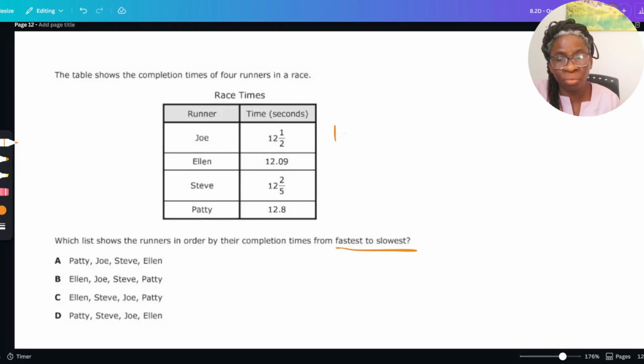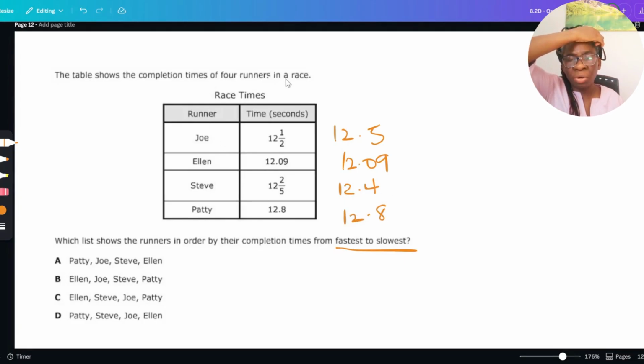That will be 12.5. This one is 12.09. This one will be 5 times 12 plus 2, that's 62 divided by 5. This one will be 12.4 and this one is 12.8.